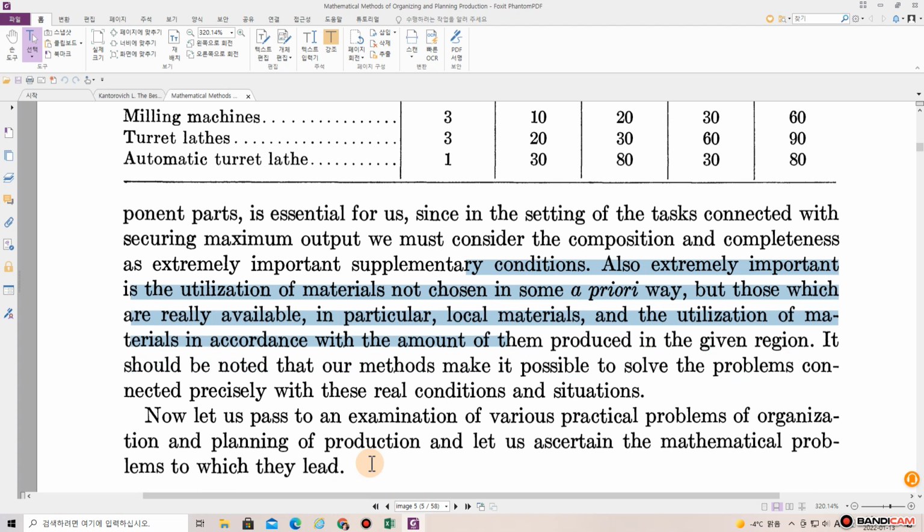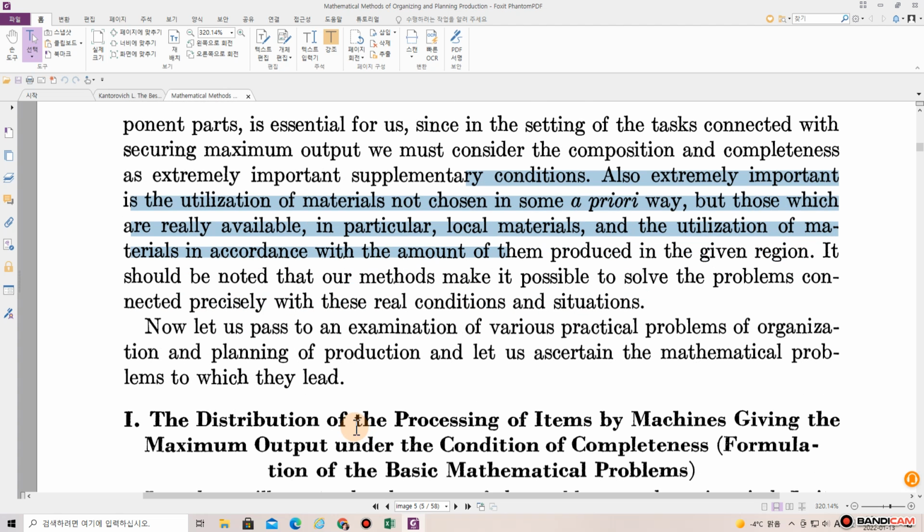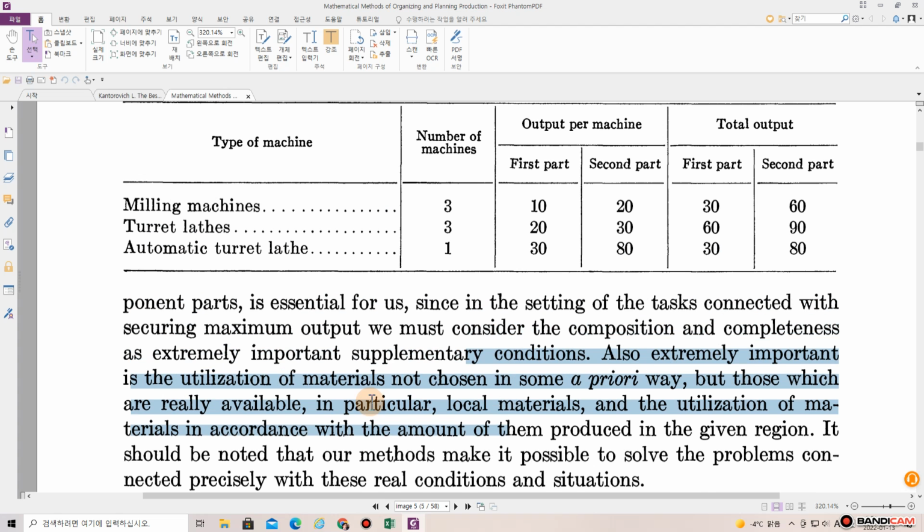It should be noted that our methods make it possible to solve the problems connected precisely with these real conditions and situations. Now, let us pass to an examination of various practical problems of organization and planning of production, and let us ascertain the mathematical problems to which they lead.